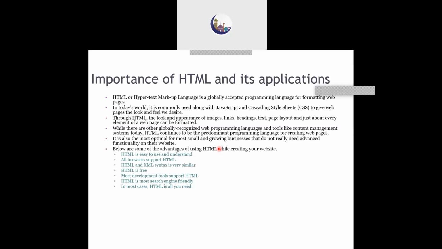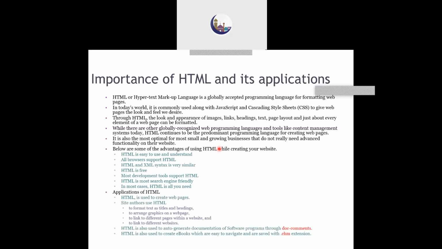Even in Android mobiles, certain applications, say the calendar or calculator or certain other types of applications, are being created using HTML only. So it has moved from just web development to application development also. So there are various applications of it. The one that I was talking about is this .chm extension, but it will be very simple in look and feel, and very easy to understand.